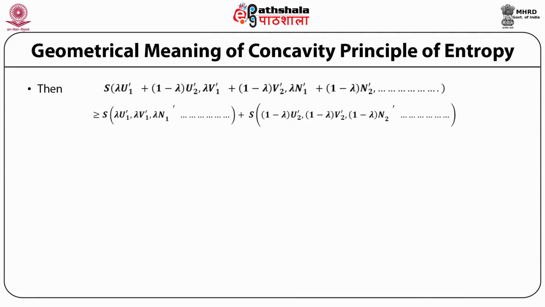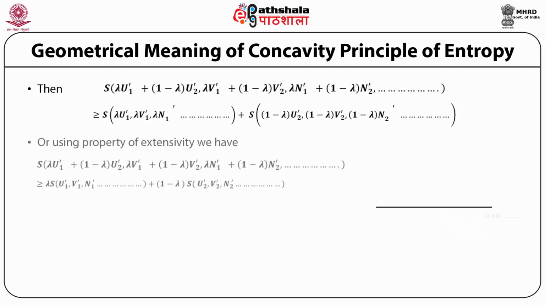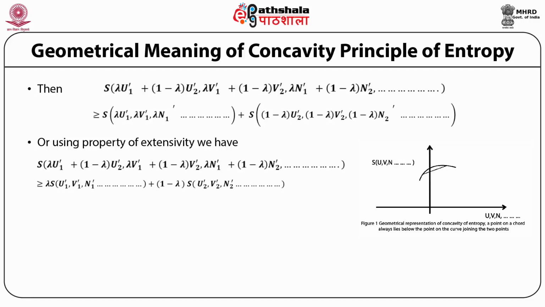Then we get S as a function of lambda u1 dash plus 1 minus lambda u2 dash, comma, lambda v1 dash plus 1 minus lambda v2 dash, comma, lambda n1 dash plus 1 minus lambda n2 dash is greater than or equal to S as a function of lambda u1 dash, lambda v1 dash, lambda n1 dash and so on, plus S as a function of 1 minus lambda u2 dash, 1 minus lambda v2 dash, 1 minus lambda n2 dash and so on.